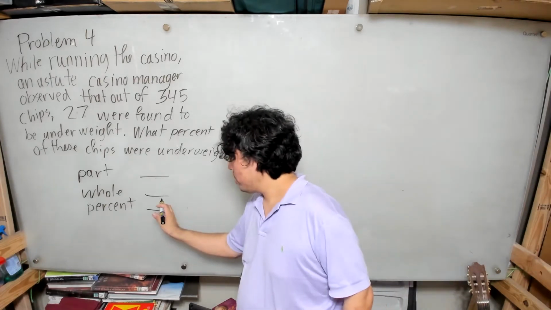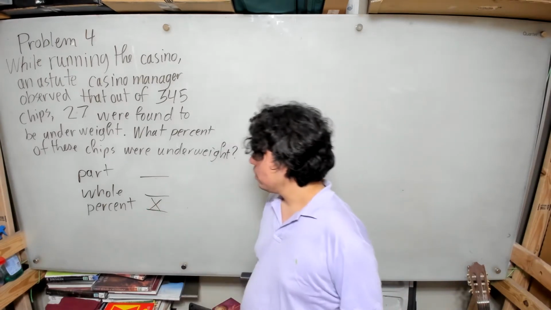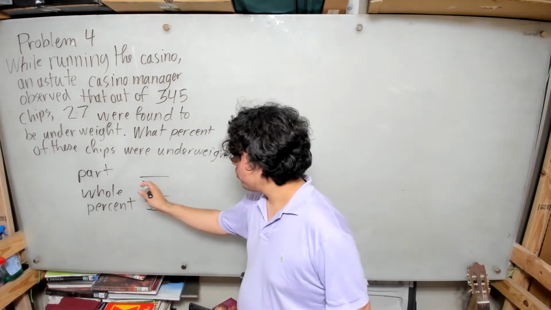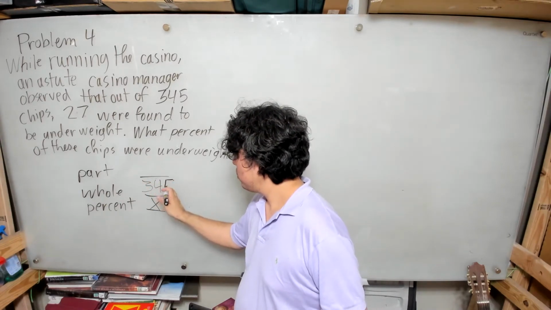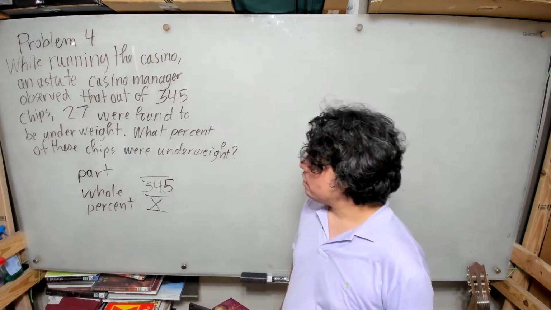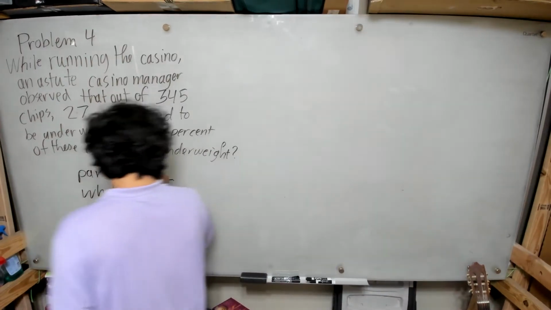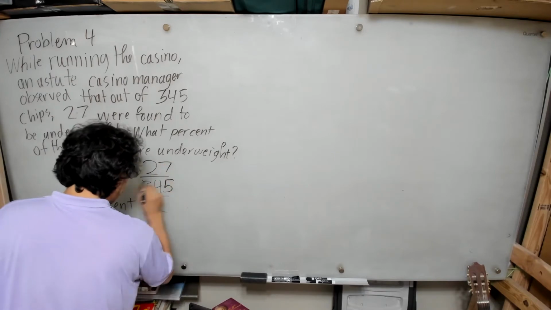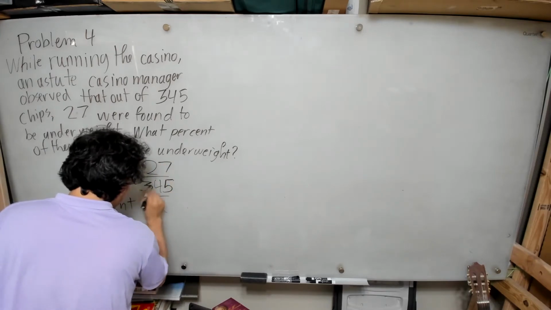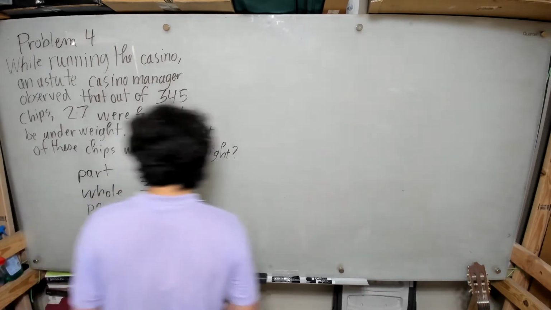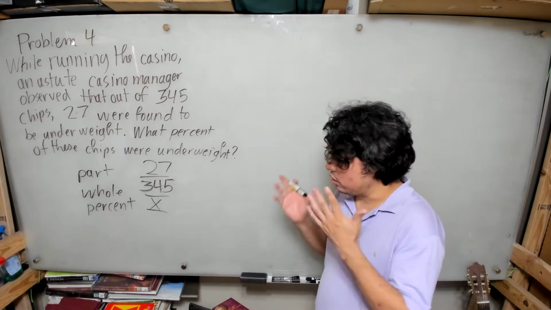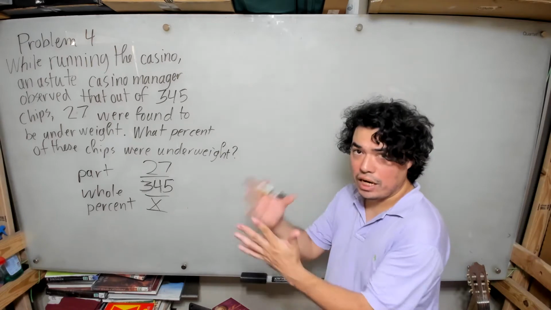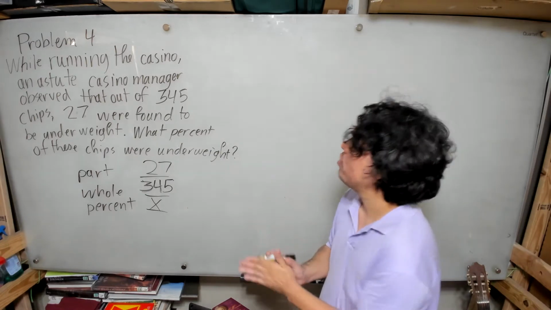So I'm not given my percent, and so that'll be X. My whole will be the 345 chips that I have. And the 27 that are underweight is the part. Okay, like this. So now, with this decision made, I can now set up the relationship we're going to use to solve this problem.